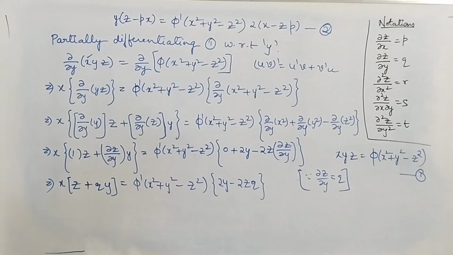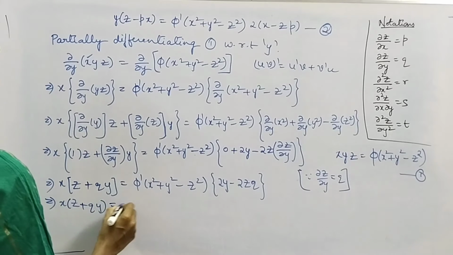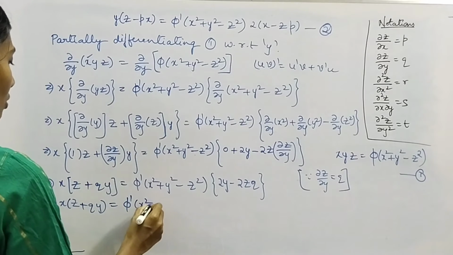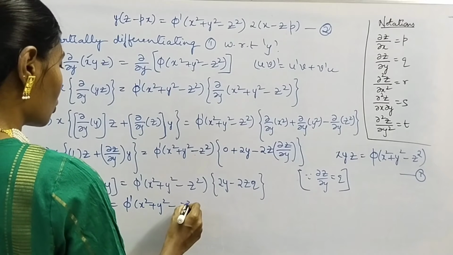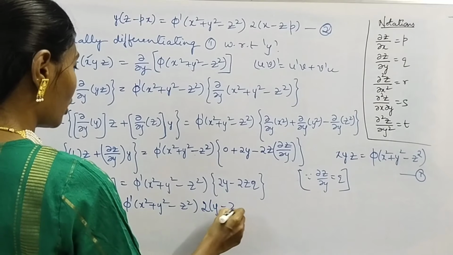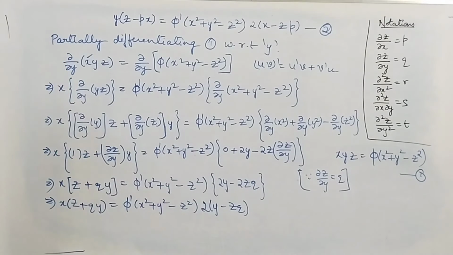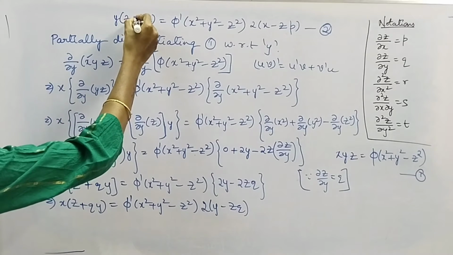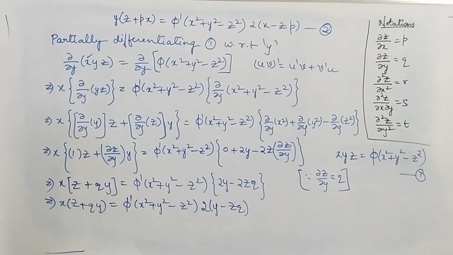Now take 2 common from these two terms. You will get x times z plus qy equal to phi dash of x square plus y square minus z square into 2 times y minus zq, right? Fine. See, here we'll have plus, not minus, it's plus, okay?